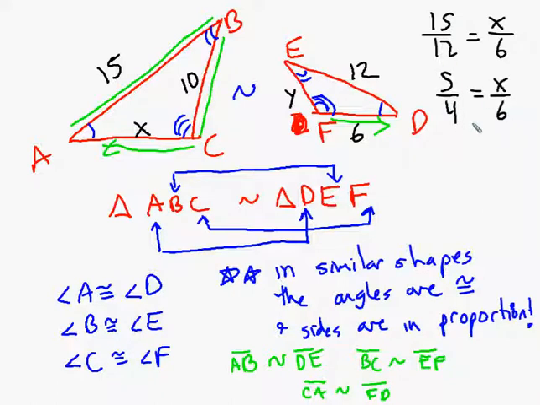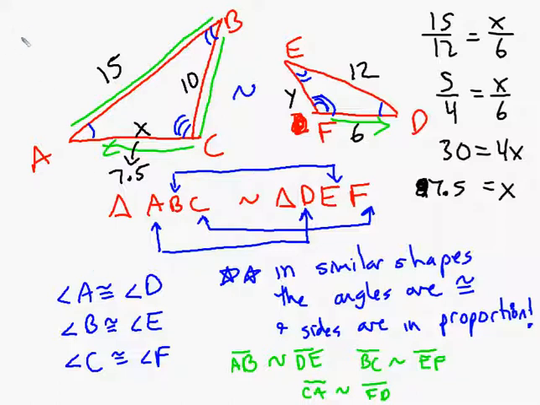I will just to make the math a little bit easier. So we cross multiply and we get 30 equals 4x. Now what? And what's 30 divided by 4? 7.5. Okay. So this is 7.5.